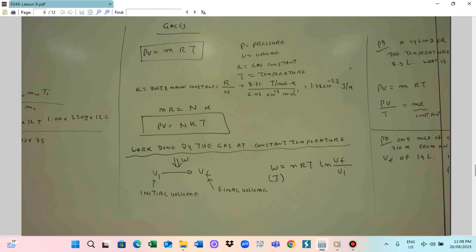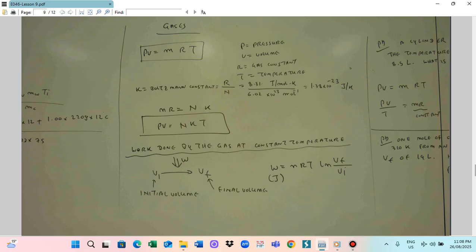So PV is equal to, also we can calculate this NR. NR is equal to this N multiplied by K. So N is the number of molecules in the gas, and K is a constant. So we can also write down the equation PV equal to NKT.